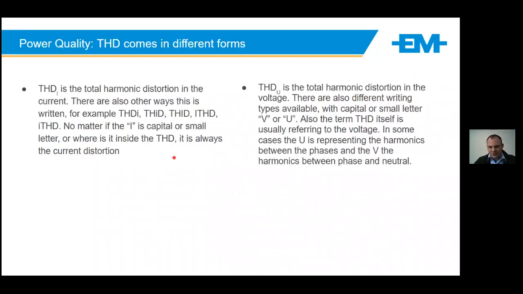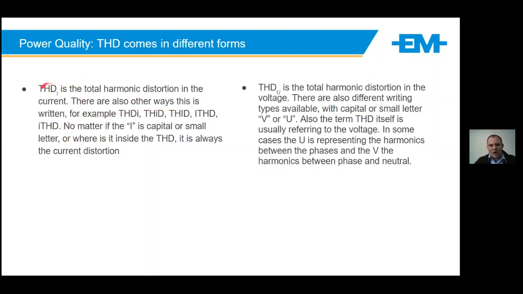We quite often reference total harmonic distortion, or THD, on meters, multimeters, and power quality analyzers. They all have that same definition. You would have total harmonic distortion in current, which can be shown in different abbreviations, as we see here, or variables.